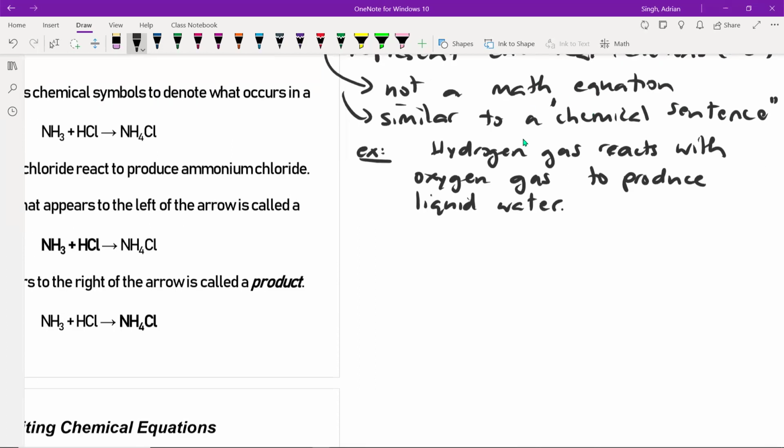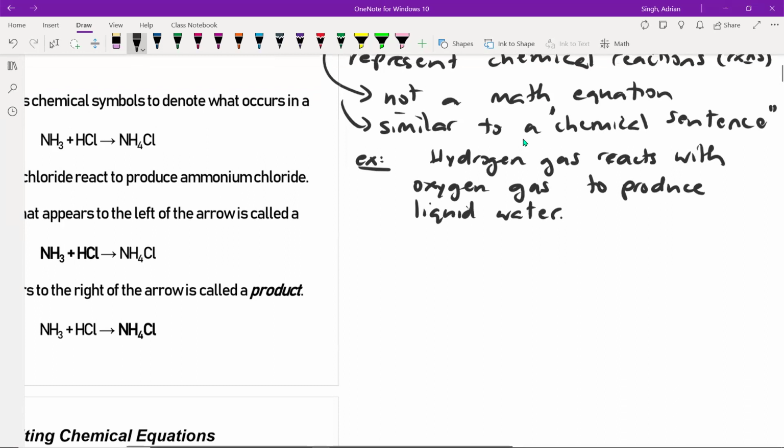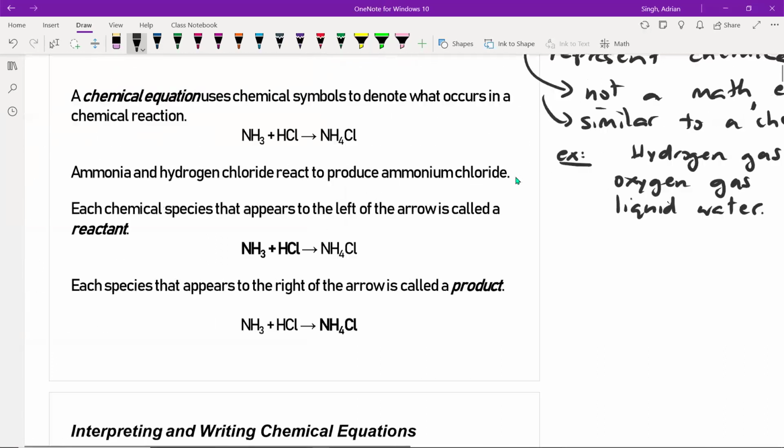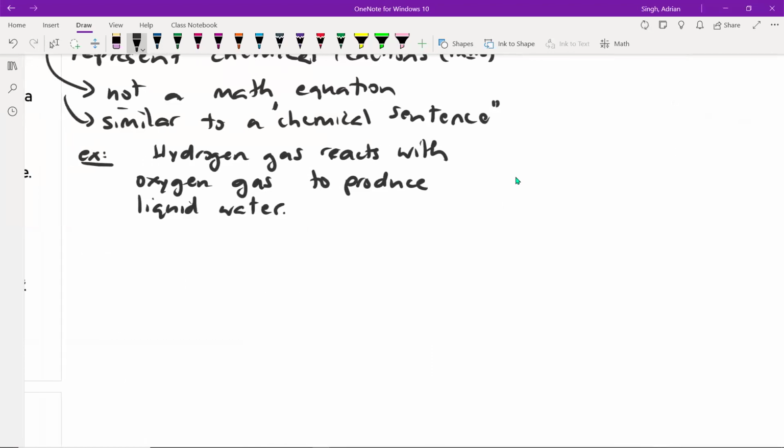We can take that and turn it into a chemical equation that represents the same information, but we don't lose any of that. And we can write it in a much more concise way. And this is what we're going to do. So we can say hydrogen gas. We'll try to color code these. Hydrogen gas, we know now at this point, hopefully, exists as H2.